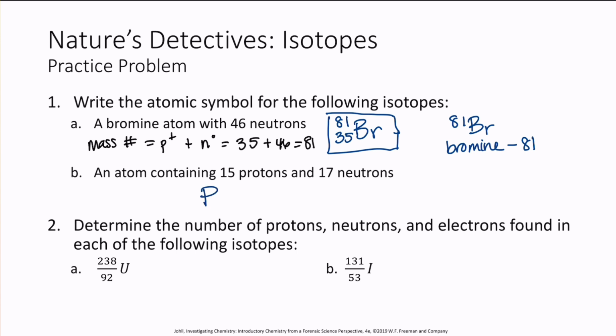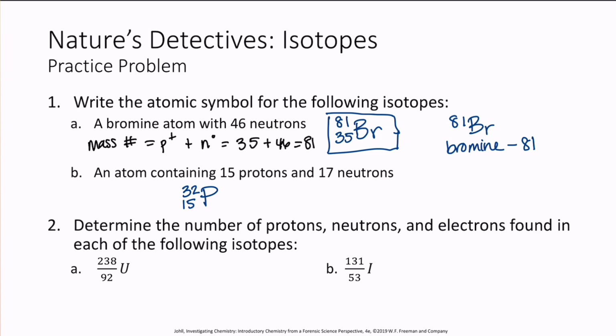So I can write a P here. Since I already know it has 15 protons, I can write a 15 where the atomic number goes. And then to get my mass number, I will just add my 15 and 17 for a total of 32. So this isotope would be phosphorus 32.